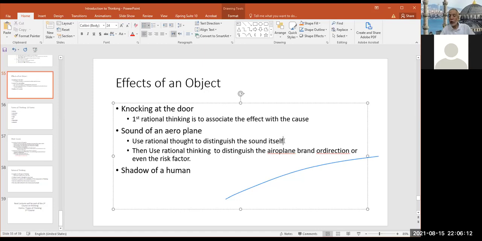So you know an object exists, but what is that object? The existence of an airplane, that's a judgment. Now, the sound is a characteristic of an airplane, but airplanes have different sounds. So if you can distinguish between sounds and you have enough information, you use that information to pass a judgment.